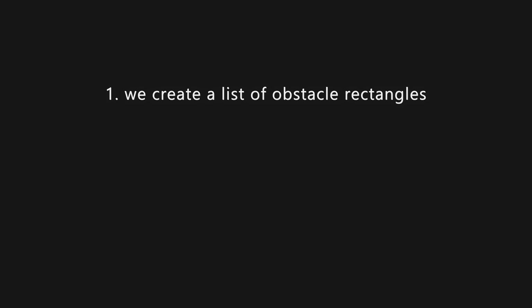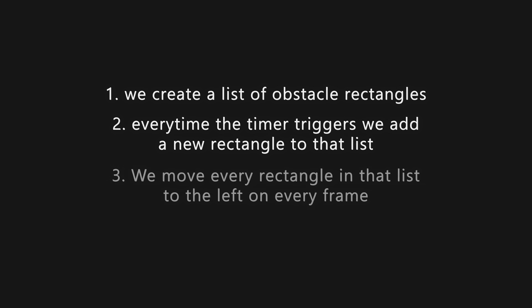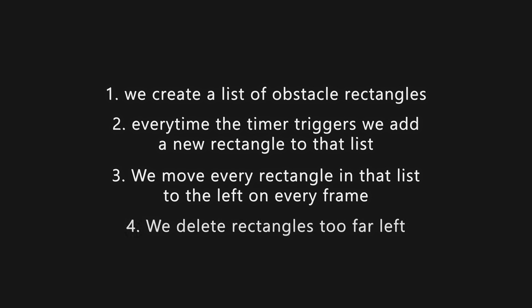And every time our timer triggers, we are going to add a new rectangle into this list. And then on every single cycle of our game loop, we are going to move every single rectangle inside of that list a little bit further left. And if any of these rectangles goes too far to the left, we are going to delete it. And that way we can continuously create new enemies and move them to the left. And if they get too far to the left, we just make them disappear. So ultimately a fairly simple idea.